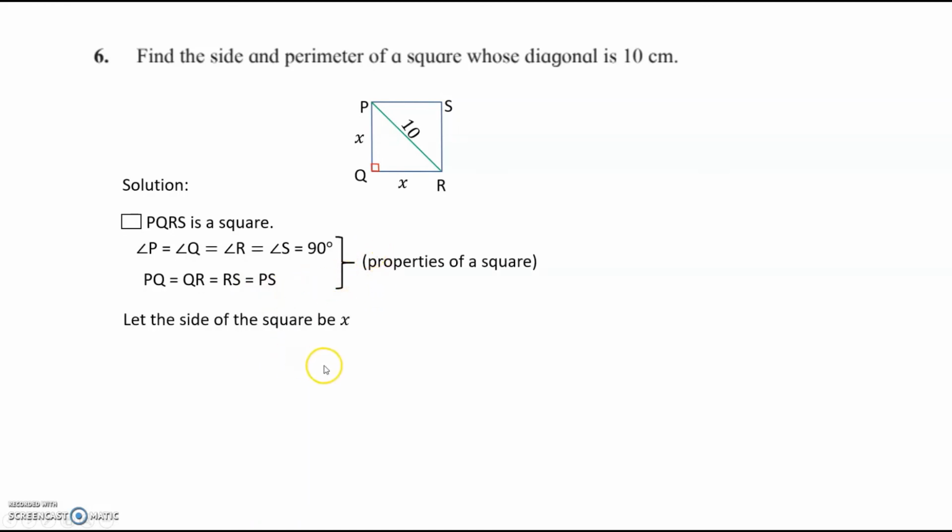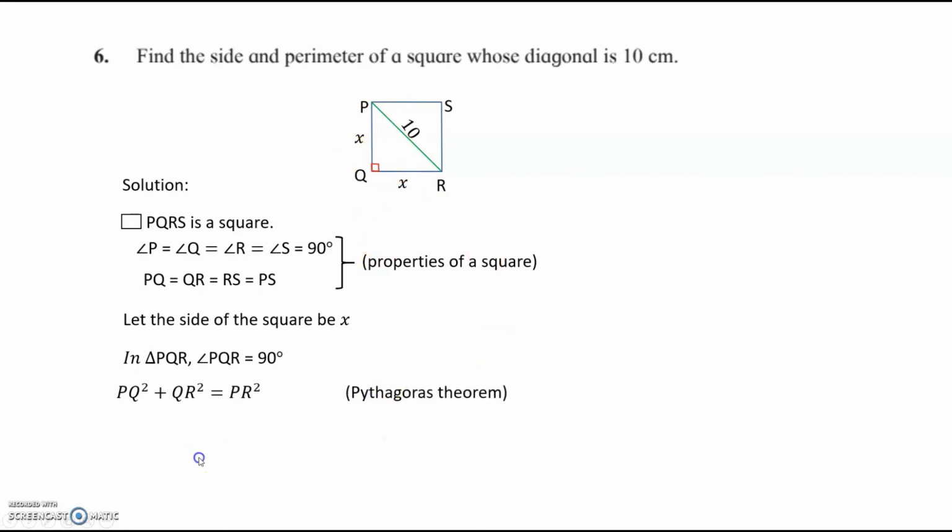So let the side of the square be X. So now we'll consider triangle PQR. In triangle PQR, angle PQR is 90 degrees. So we can say PQ square plus QR square is equal to PR square, Pythagoras.